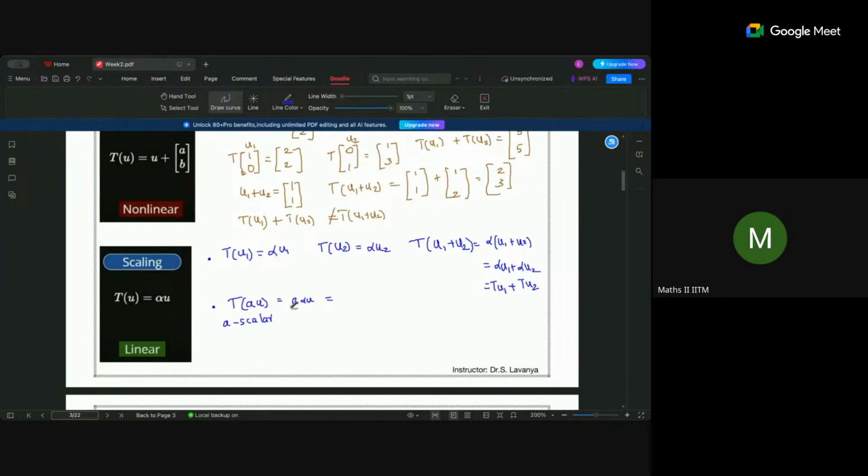You need to show that this is the same as a times T u. Now what is T u? Alpha times u. So you see that this alpha u can be simply replaced with T u. So the scalar multiplication property is also satisfied. So this is a linear transformation.